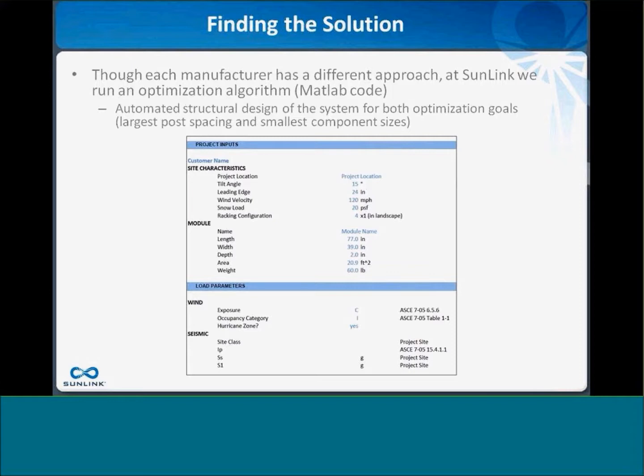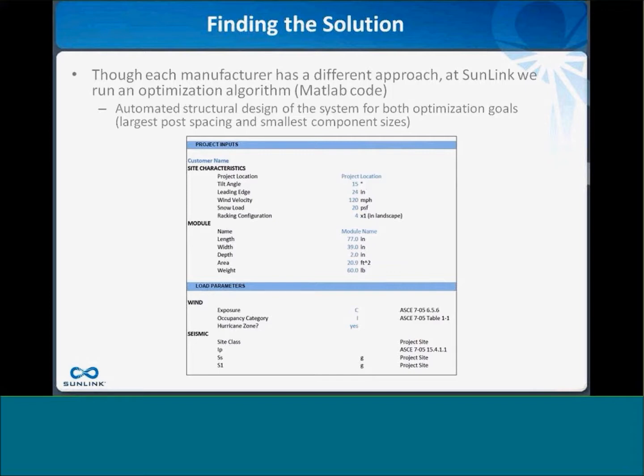The module size, which is important for determining how many modules you're going to span between posts, what your total tributary area is of your panel, and then a couple other wind and seismic parameters that just affect those loads. And what we're doing then is we're taking these inputs and looking at both optimization patterns.